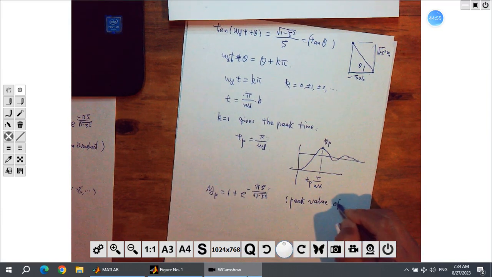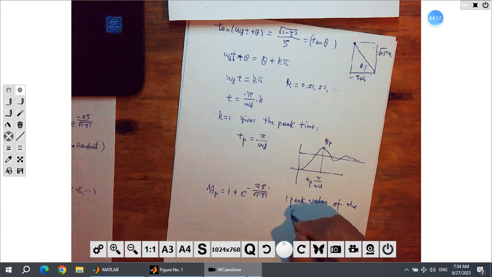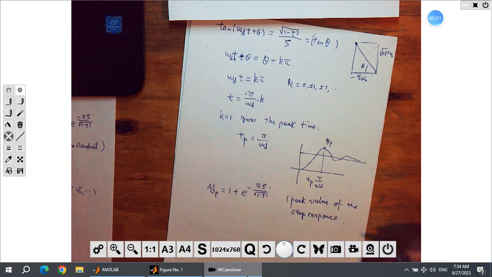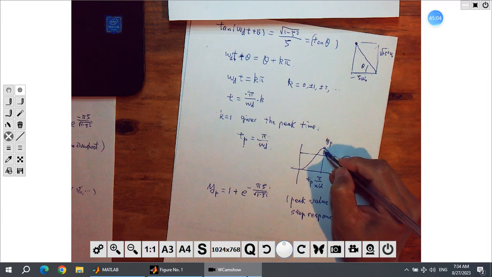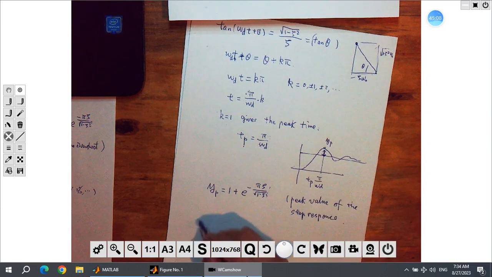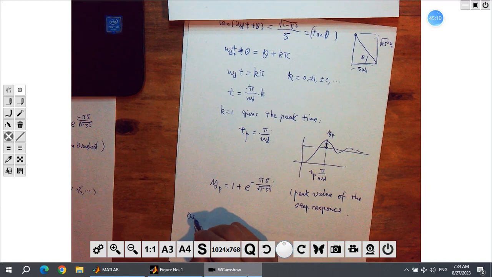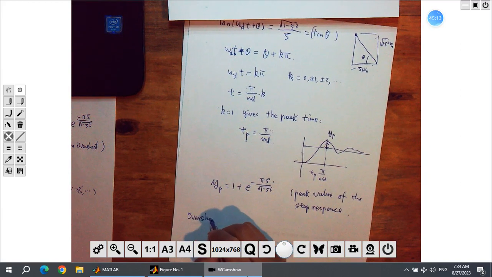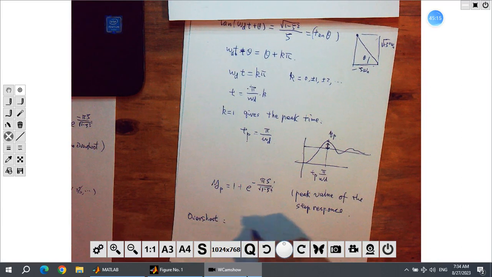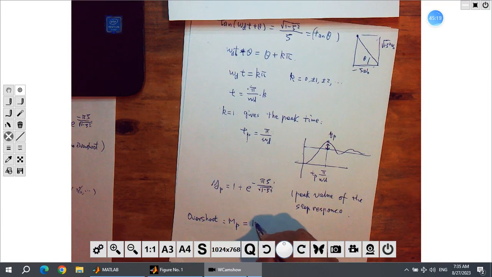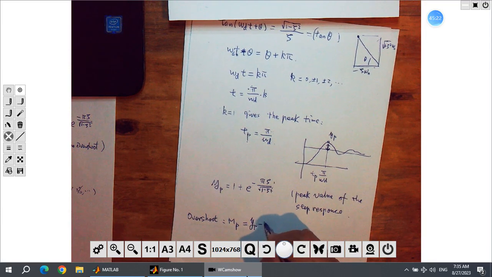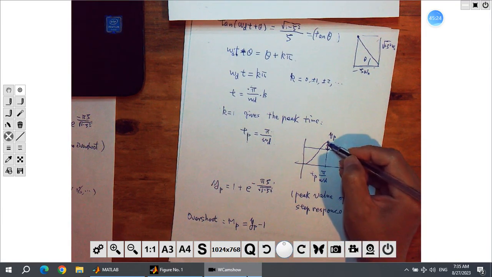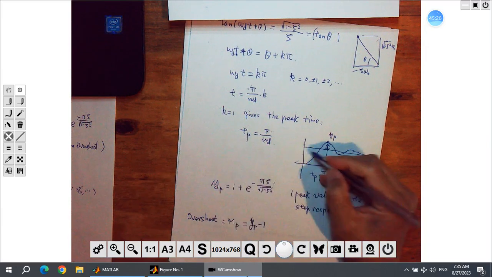of the step response. And sometimes we want this part. We call this overshoot, denoted as Mp, which is Yp minus 1 over 1.